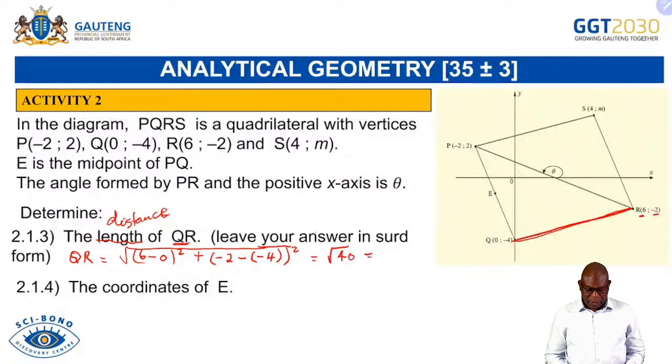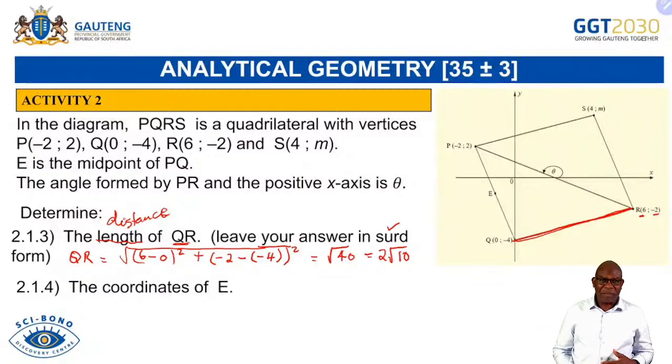And then from there, they say leave your answer in surd form. So I can either leave my answer there, but if I want to be smart and show that I can do that, I can then do it as 2 root 10, but it is not necessary. I can leave my answer there at square root of 40 because they did not say put the word simplified surd form. They just say in surd form.